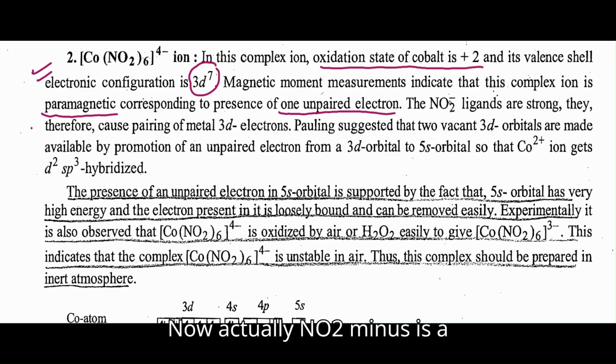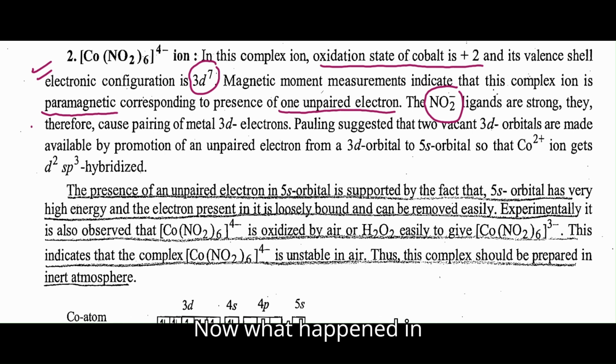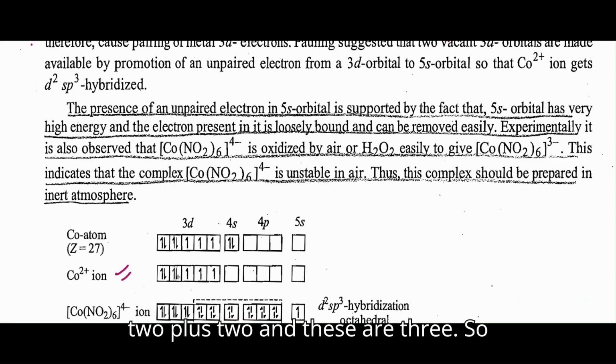Now actually NO2- is a strong ligand, so it can cause the pairing of 3d electrons. In its 3d7 configuration, there are 2 plus 2 and these are 3, so a total of 7 electrons are present in d orbitals.